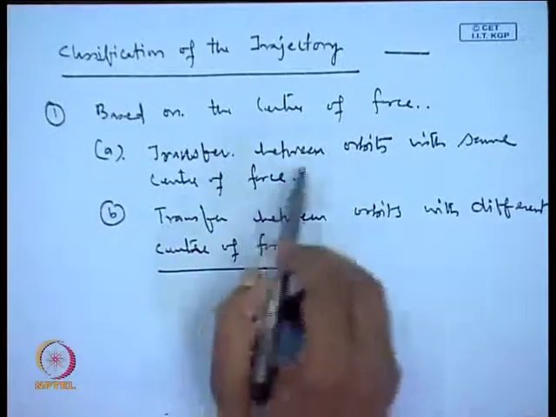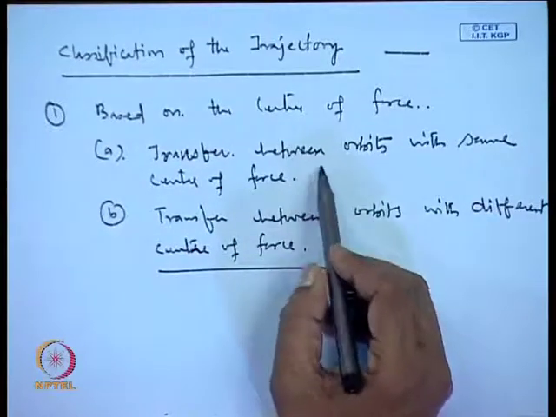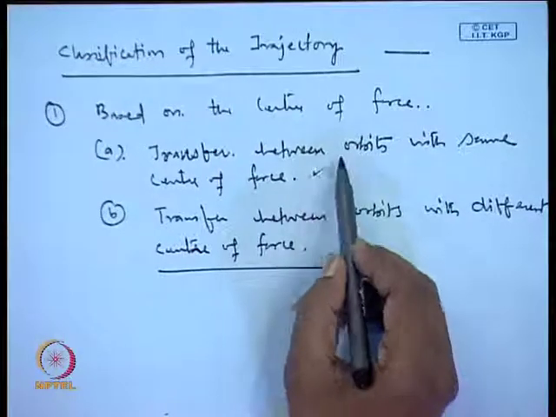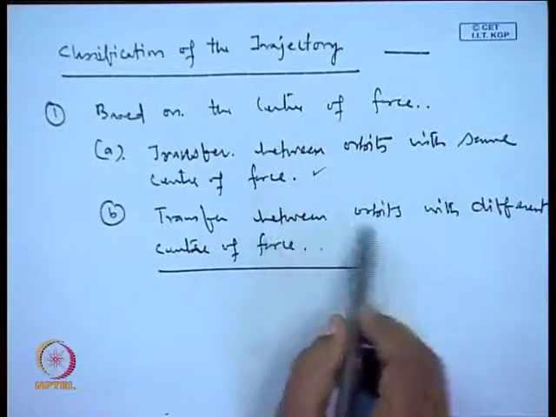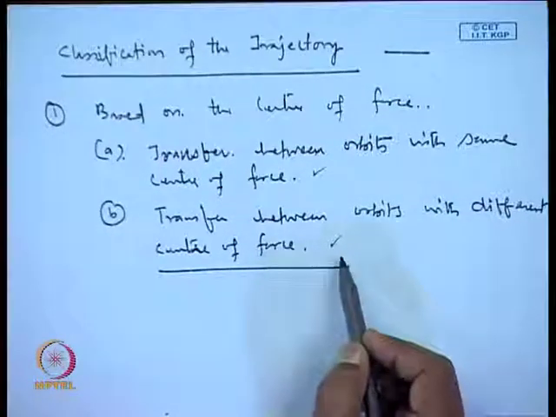With the same center of force, you have already seen the example of the geo transfer orbit to geosynchronous orbit once the satellite is raised. Transfer between orbits with different center of force is an example where the satellite is transferred from the earth orbit to the moon orbit, or maybe from earth orbit to Mars. You can send the satellite anywhere in the solar system. Okay, but obviously it is going to take a lot of time.